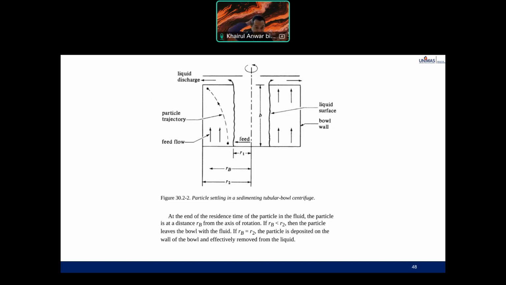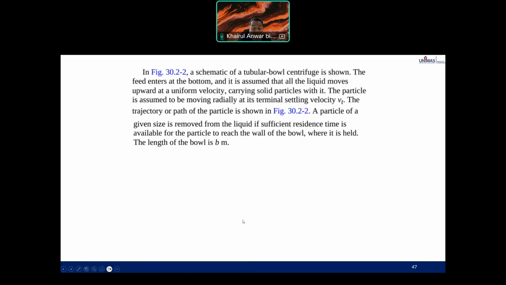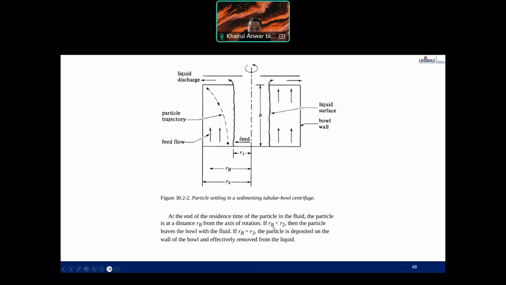So at the end of the residence time of the particle in the fluid, the particle is at distance rb from the axis of rotation. If the rb is less than r2, then the particle leaves the bowl with the fluid. If the rb is equal to r2, the particle is deposited on the bowl wall and effectively removed from the liquid.